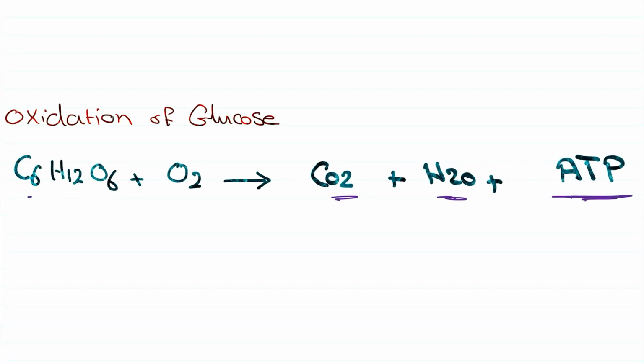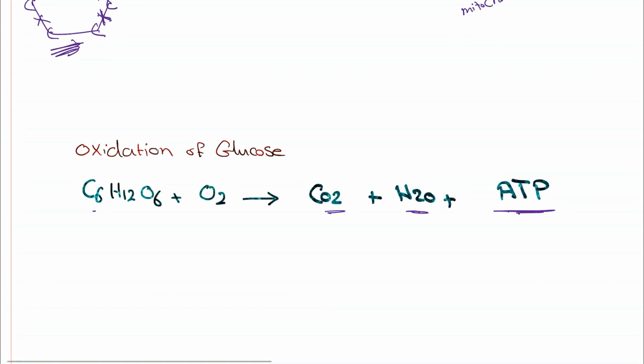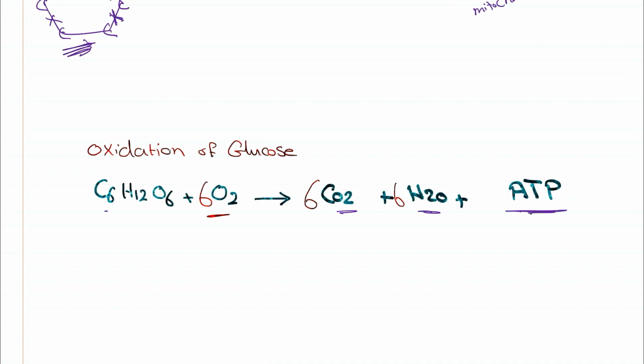But before that, we need to balance this equation. We have 6 carbon atoms found in glucose, so we need 6 molecules of oxygen to release them, and the process results in production of 36 ATPs.